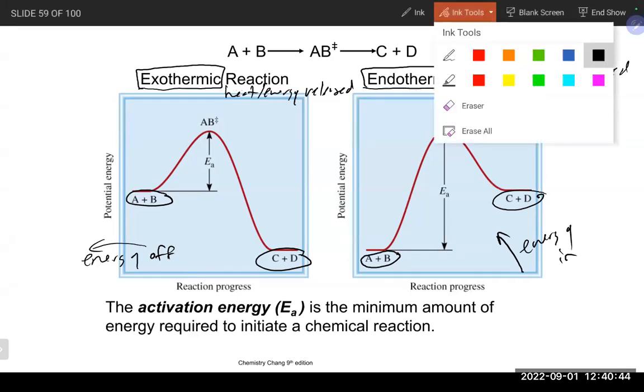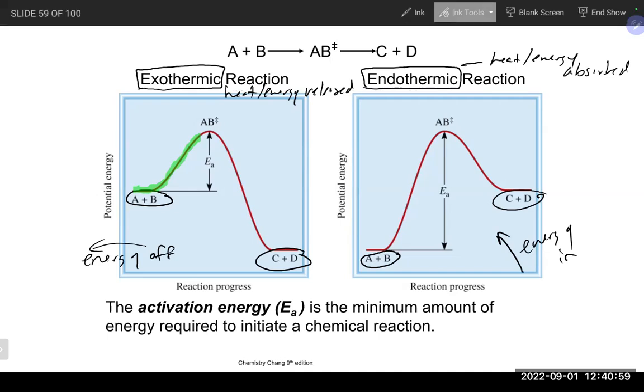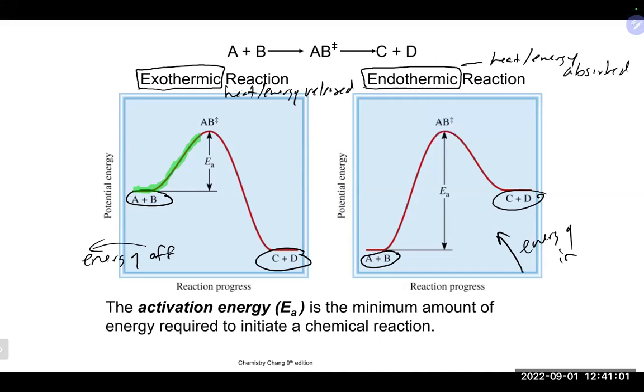As our reactants, on this side, start moving up this hill, they're starting to break the bonds they have, and they're starting to make some new bonds. So as you progress up here, we're breaking some bonds and making some bonds, until they get to the very top.